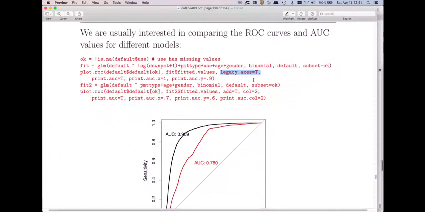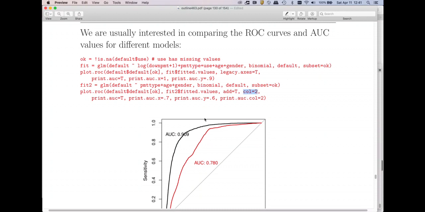Then a couple other options that you're going to find useful. Print AUC tells whether or not to print the AUC value, and then you can give coordinates of where you want to print it. Another thing that you can do is specify a color.